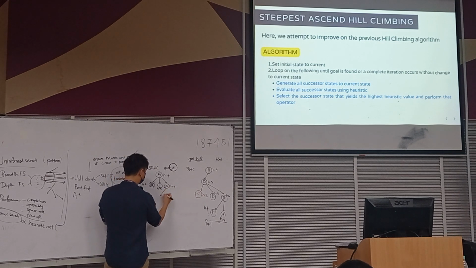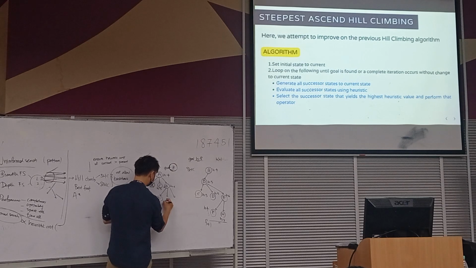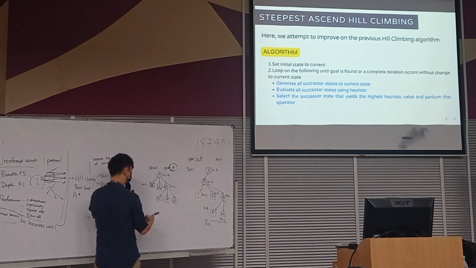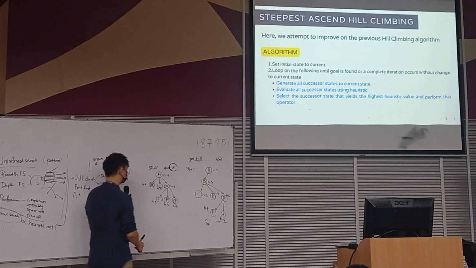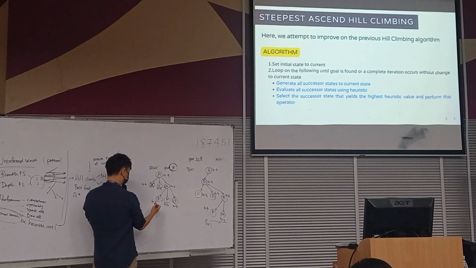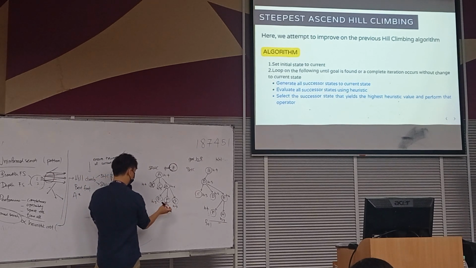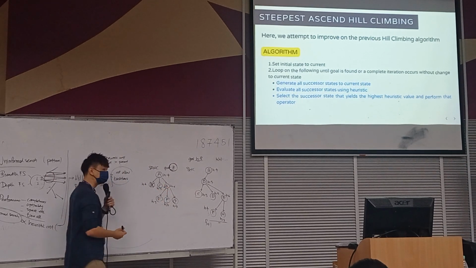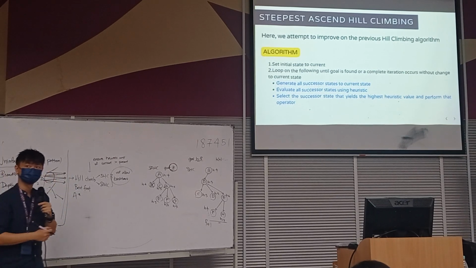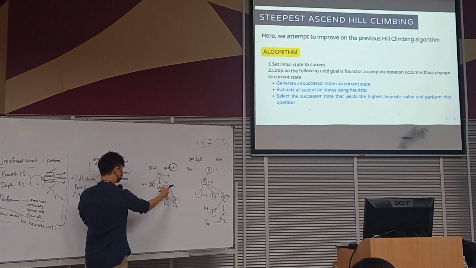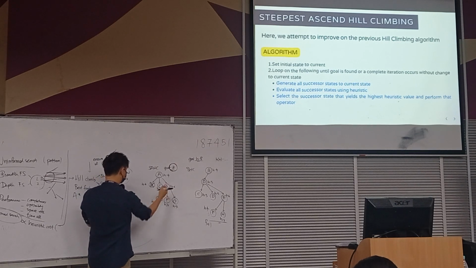Okay, so we expand all again. Let's say H equals 5, H equals 4, H equals 4. We generate and assess. Which node has a heuristic cost better than D? Let's say D has H 6, E 5, F 5, G 4.